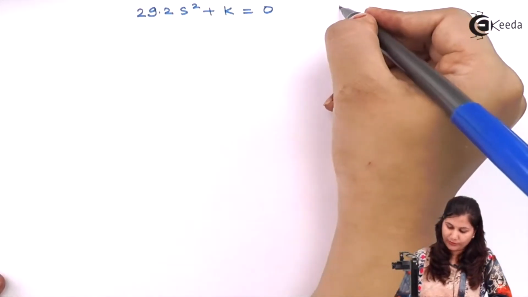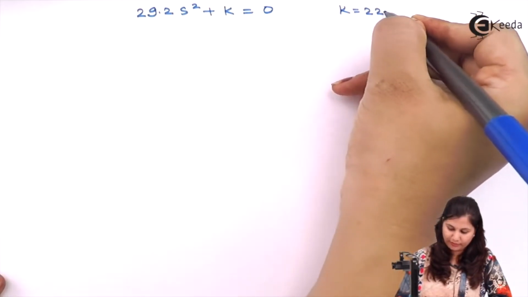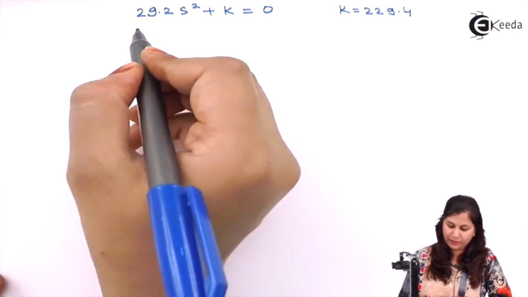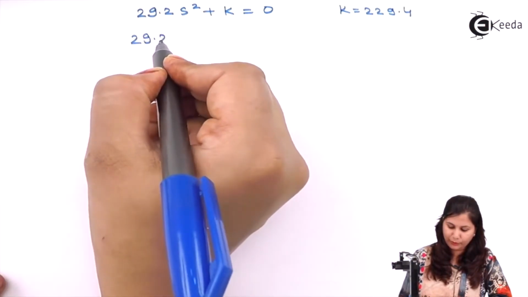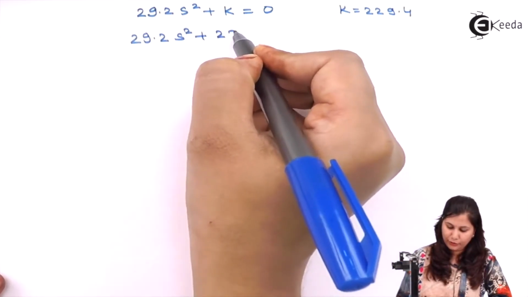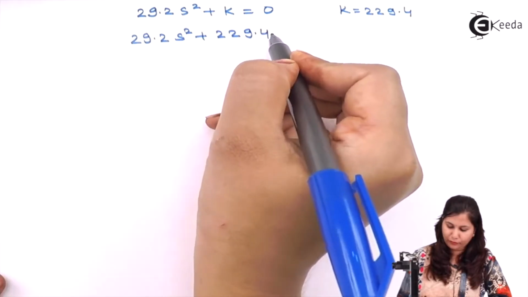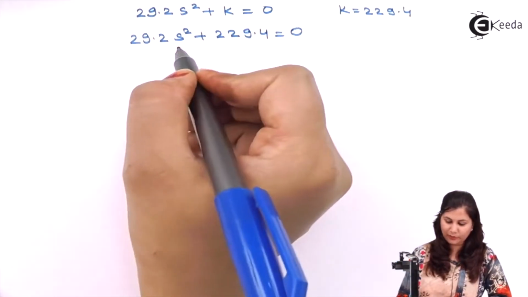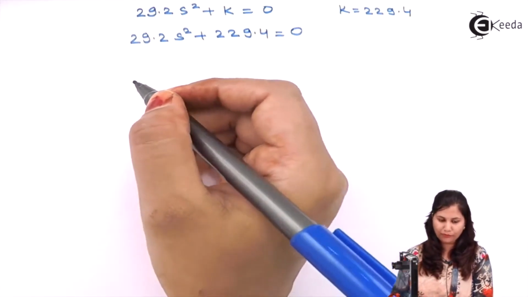K we have already obtained its value as 229.4. So substitute its value in this equation. We will get 29.2 s square plus 229.4 equals 0. So from this equation, obtain the value of s.